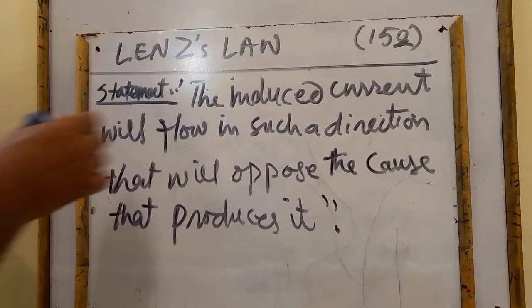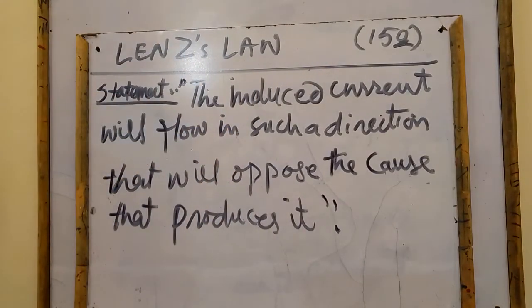According to this law, the direction of the current will always oppose its own creating cause. Or simply, we can state that the induced current produced as a result of Michael Faraday's law of electromagnetic induction will basically oppose the cause which is generating the current itself.